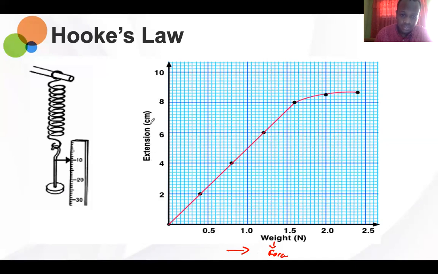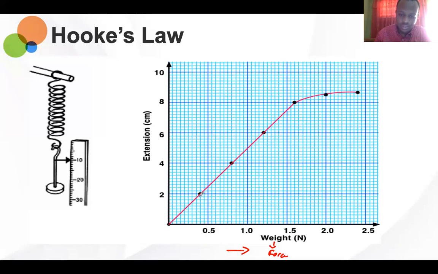What happens to the extension? So it doubles. Right. As I just said, it's a little difficult to look at it that way, but essentially it's the same thing, right?